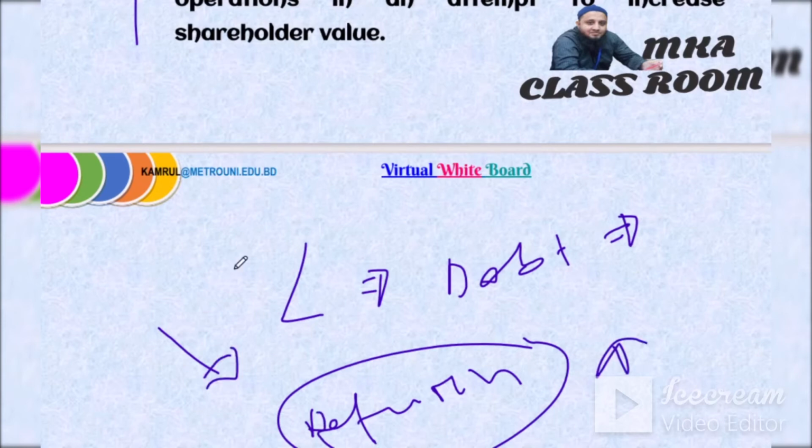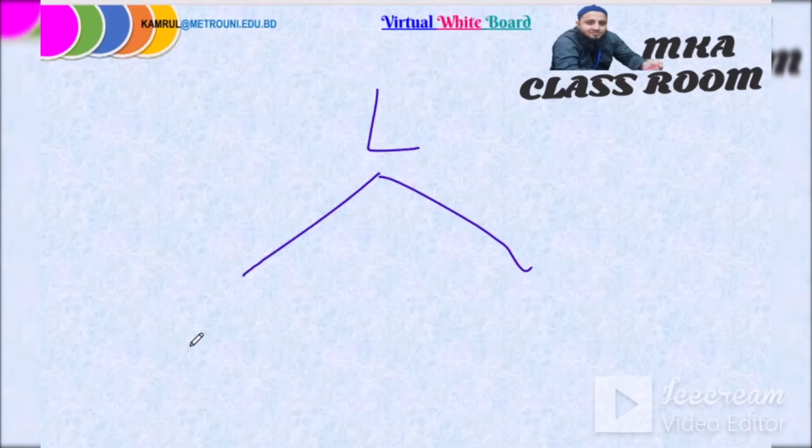And types of leverage. Leverage is basically of two types: operating leverage and financial leverage.